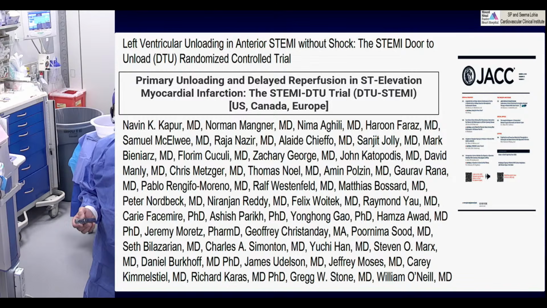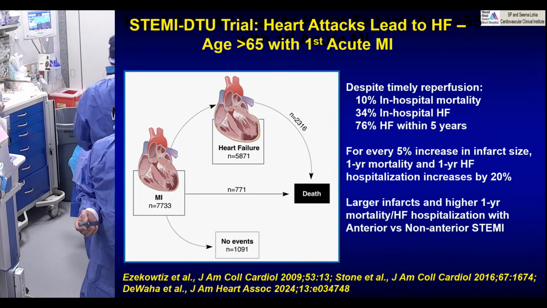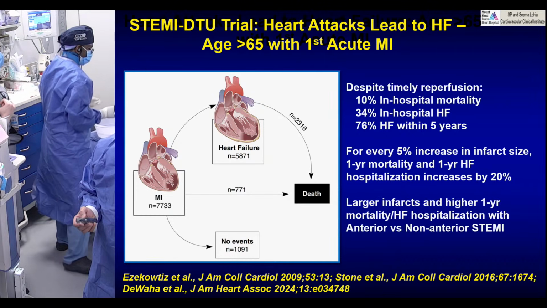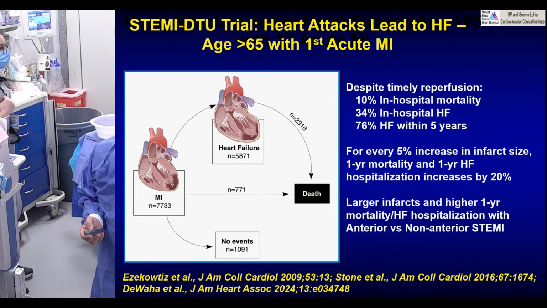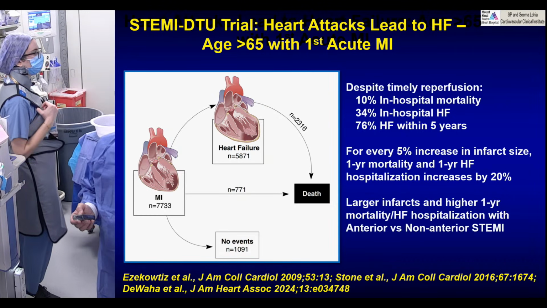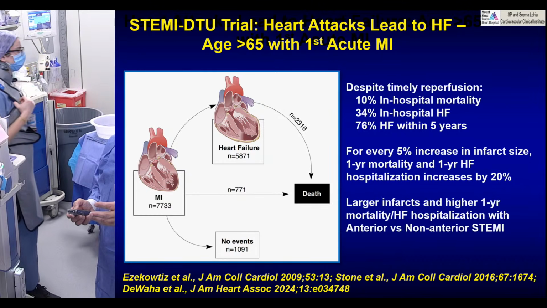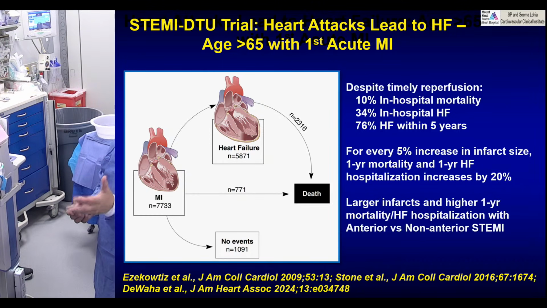Then the fourth trial I wanted to present is the DTU-STEMI, left ventricular unloading in anterior STEMI without shock. Basically the concept was that anytime an MI patient has heart failure, they could have death, and studies have shown that when you open the vessel, you have a lot of downstream embolization, free radicals, and distal vessel injury.